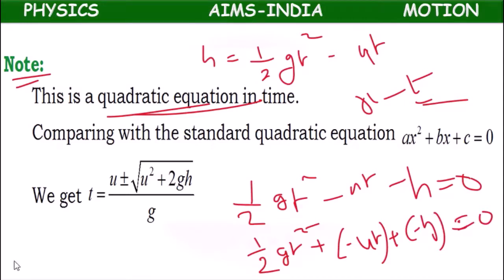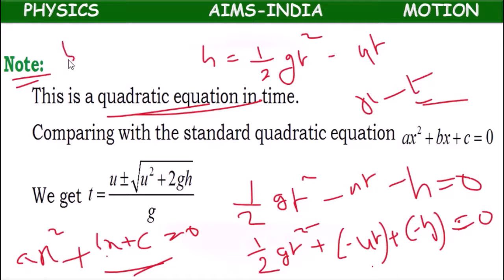It is in the form of ax square plus bx plus c equals 0, whose roots, where x means t, are given by minus b plus or minus root of b square minus 4ac by 2a, the quadratic equation formula.